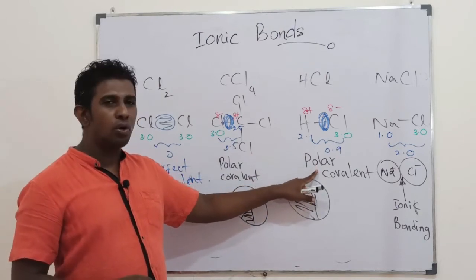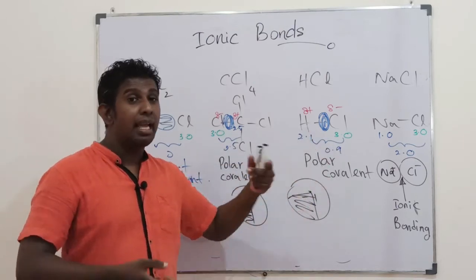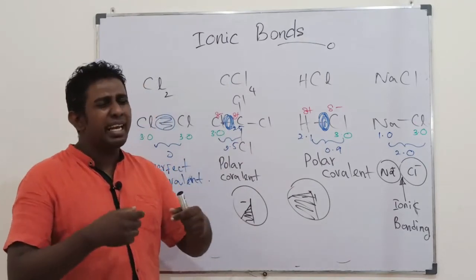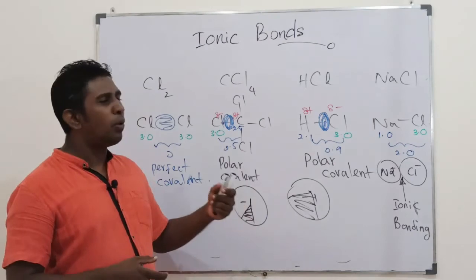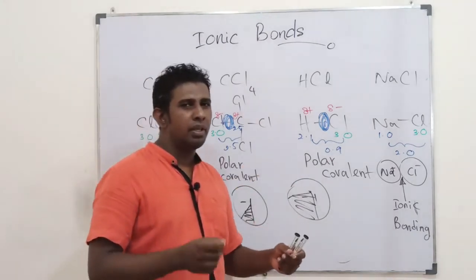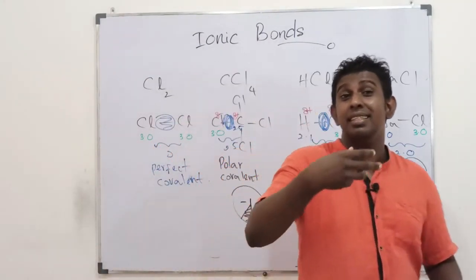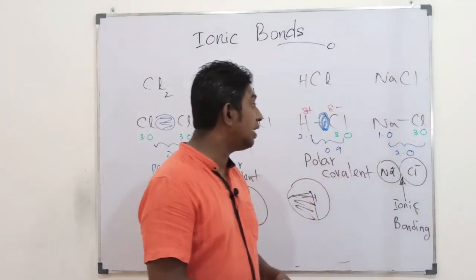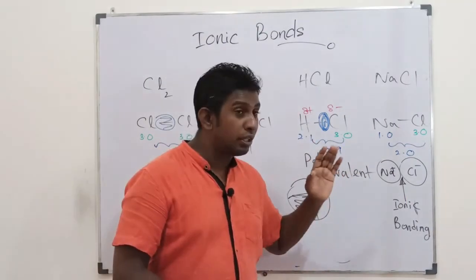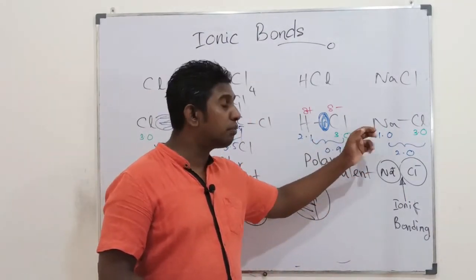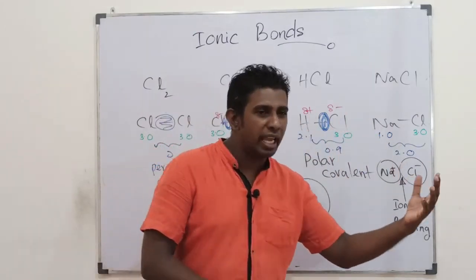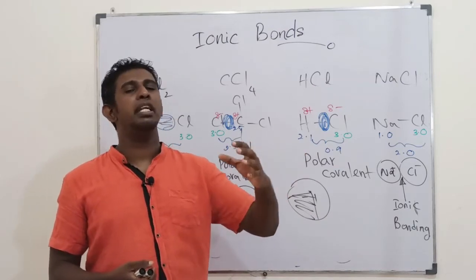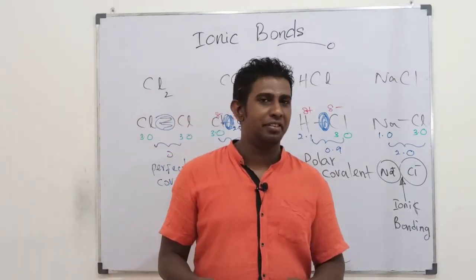This is also polar covalent, but the polarity here, having a greater electronegativity difference than earlier, would be greater. So the polar character would be greater. Then further increasing this electronegativity difference causes it to remove the electron completely from sodium, and the other one to gain that completely. So those would get transformed into positive and negative ions, cations and anions.